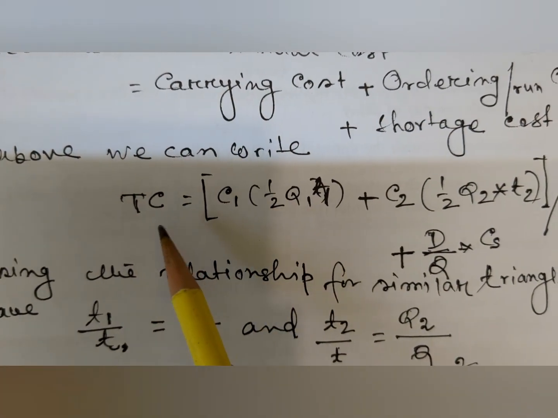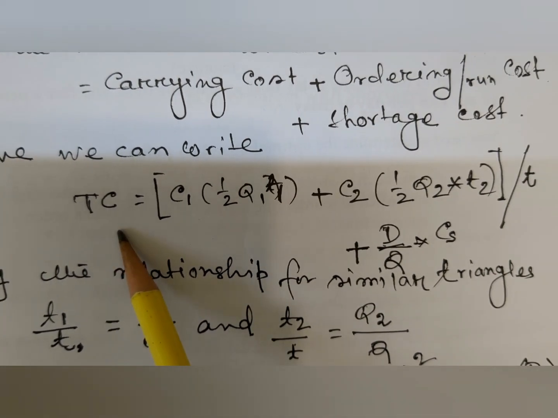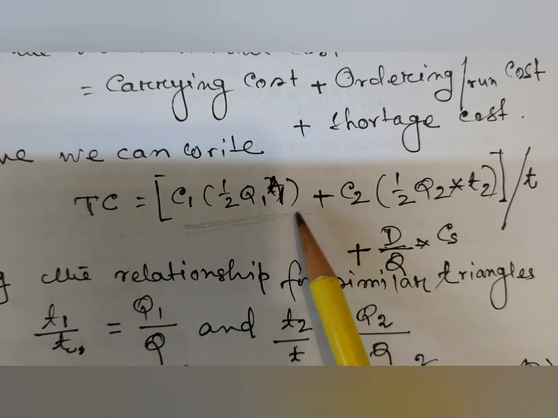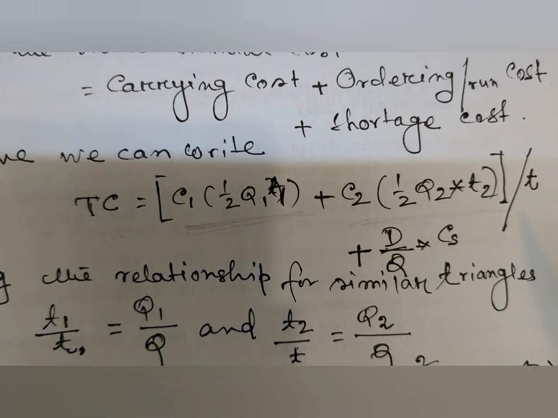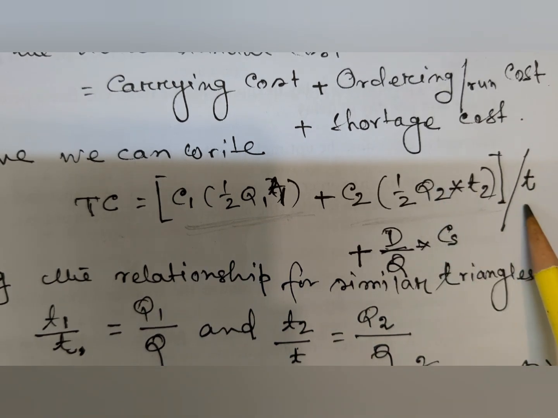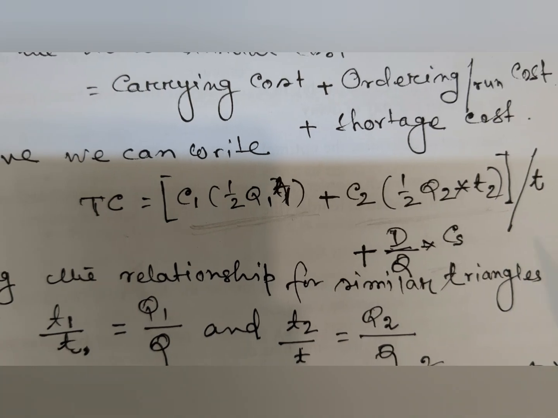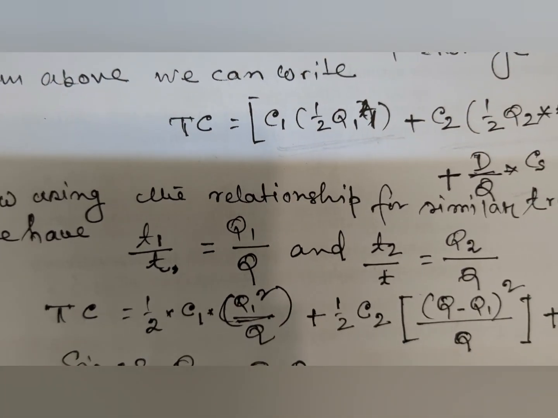From above we can write TC, that is total cost, is equal to this for the holding cost or carrying cost, and this for the shortage cost, and divided by T. T is a common term, that's why divided by T, and plus this is the ordering cost. That will be the total cost. Okay.